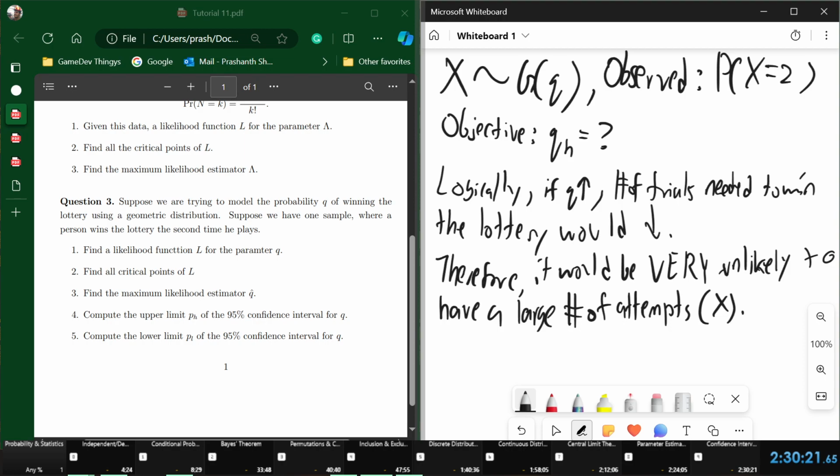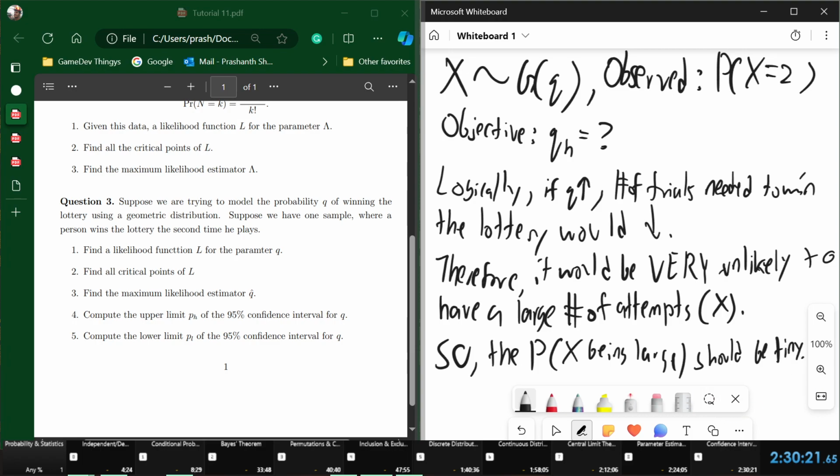That is what X is. So the probability of X being large should be tiny. It wouldn't make sense to have a gigantic X value if the probability of winning was super freaking high.